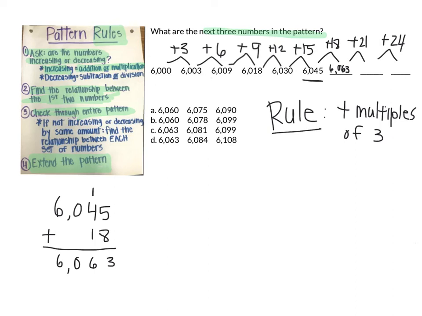Okay, now we're going to take that number, 6,063, and we're going to add our next multiple, 21. 3 plus 1 is 4. 6 plus 2 is 8. Bring down my 0, bring down my 6. 6,084. So we'll plug it in.